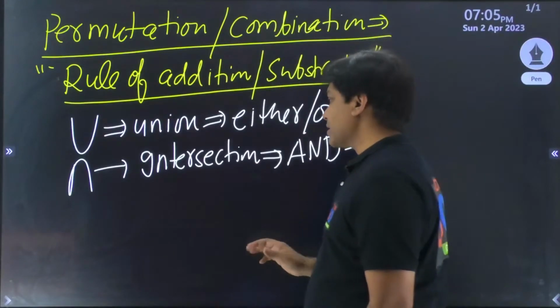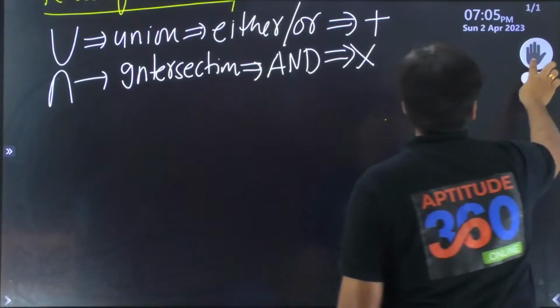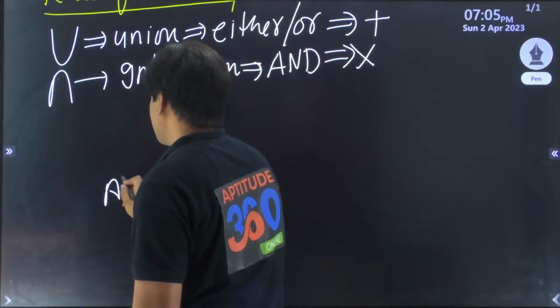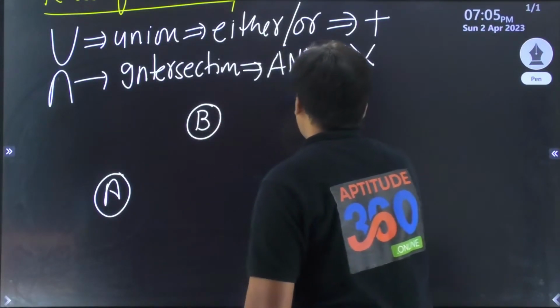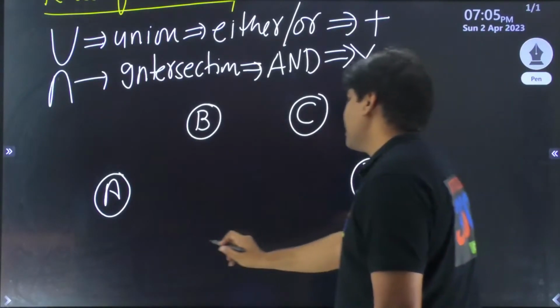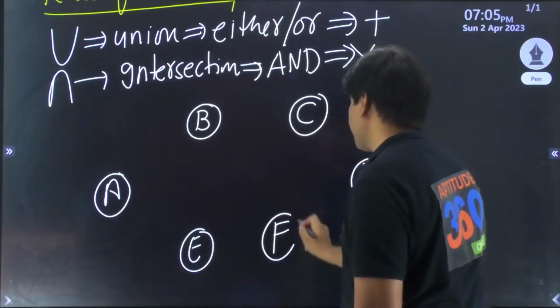Now try to understand this. What if I say that these are the cities? Let us say A, then B and C and D and E and F, right?